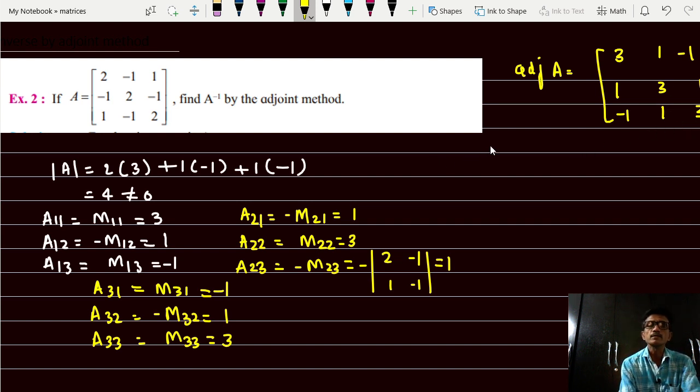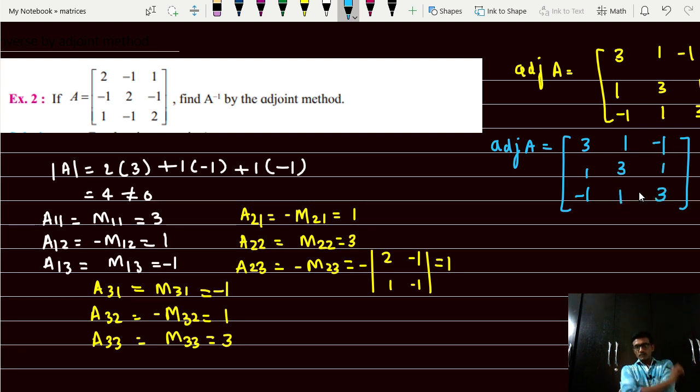We have to write the transpose of this matrix. Adjoint of A is equal to the transpose of this matrix, that is 3, 1, minus 1, 1, 3, 1 and minus 1, 1, 3. This is the adjoint of the matrix.